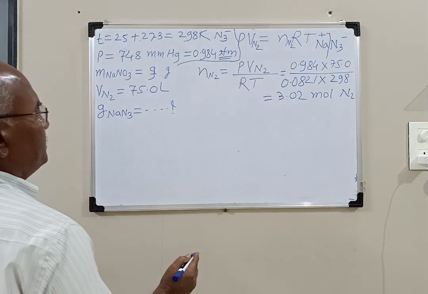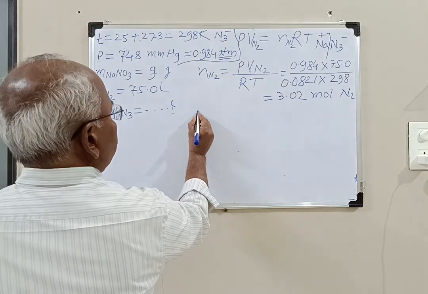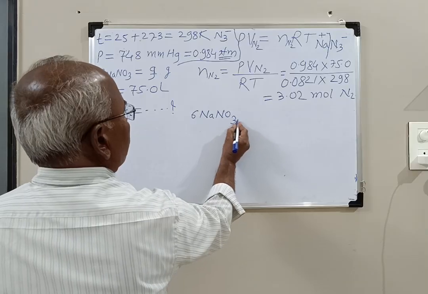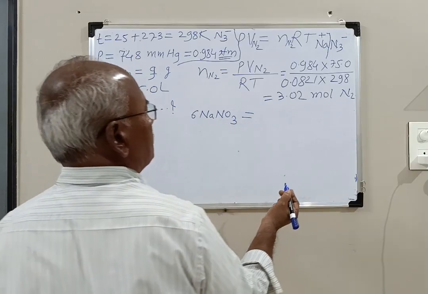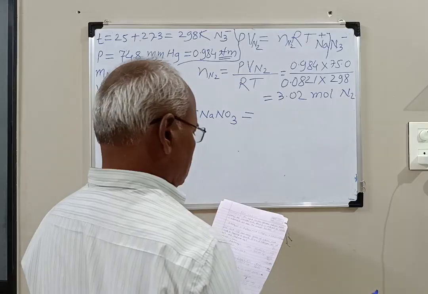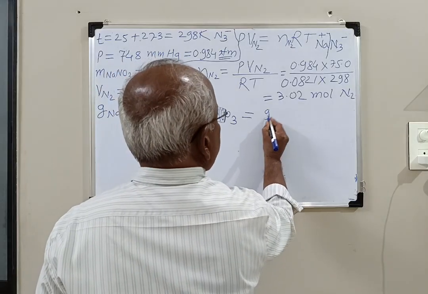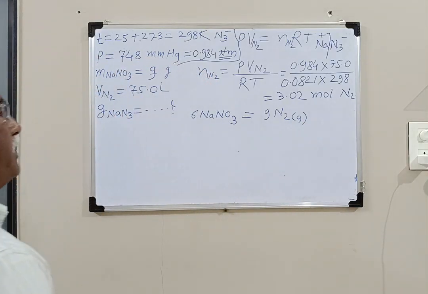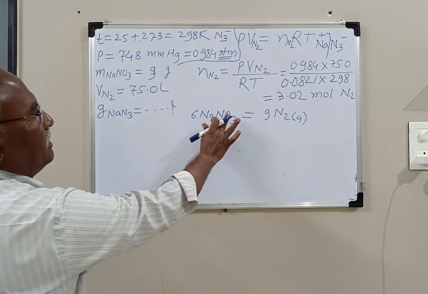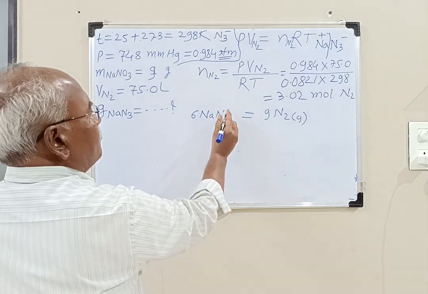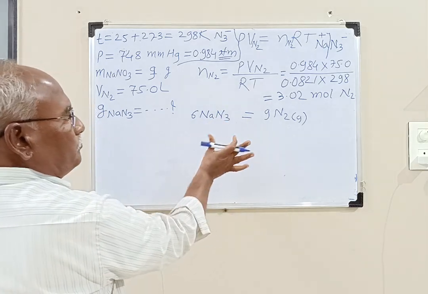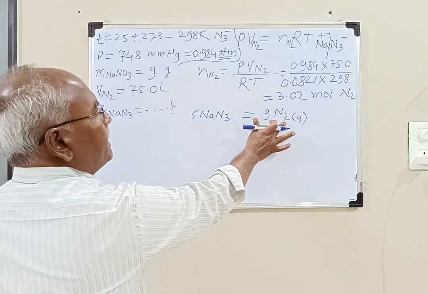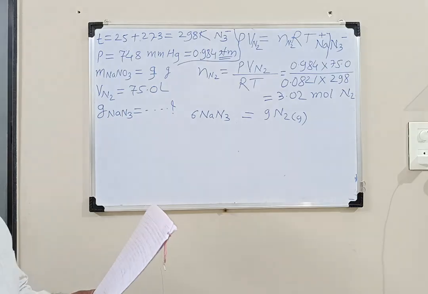So here in the problem, 6 mole of azide give 9 moles of nitrogen. This I have written azide, which is given in your problem. In short, I have written 6 moles of azide give 9 moles of nitrogen.